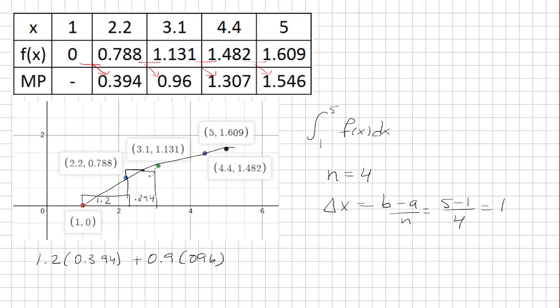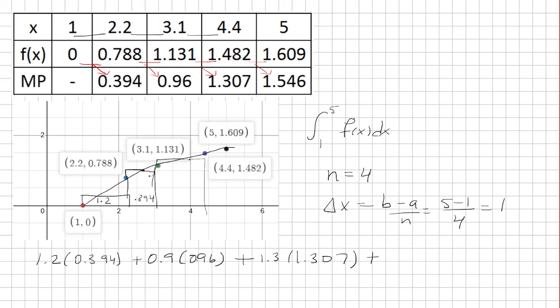And so you just keep doing this if you want, or you could just look at the table. So at the table, what I'm doing is subtracting these two numbers. So 3.1 minus 2.2 is 0.9, and then 4.4 minus 3.1 is 1.3, and the height is the midpoint, which is 1.307.